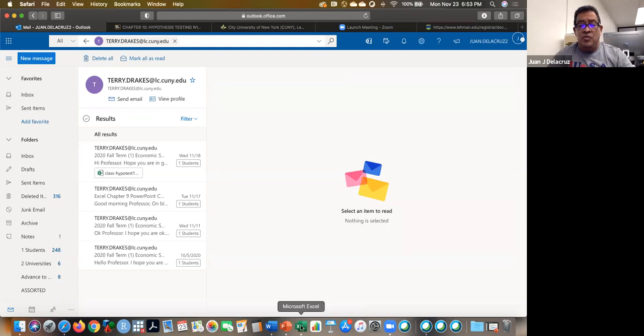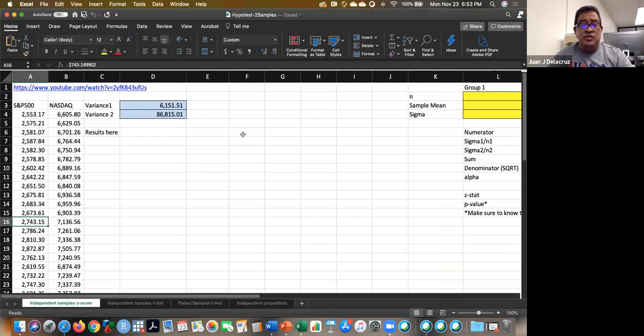Once you open your file, this is what you see in real life. You have data. In this case, you have the Standard and Poor's, an indicator of the stock market, and as you can see, the units are in the 2000s, and the variation probably might not be that big.